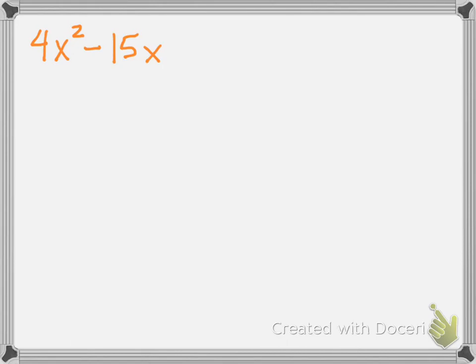But you could write it like this, 4x minus 15x. And you can say, oh, they have one x in common, so I'm going to take an x out. Whatever you take out, you're dividing.